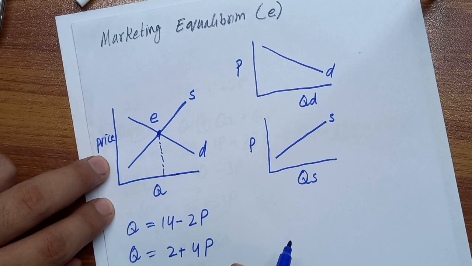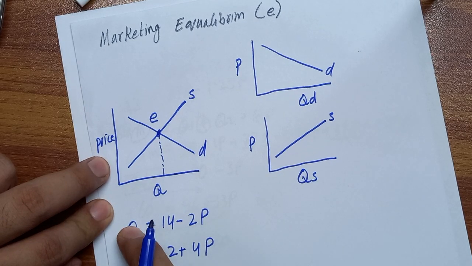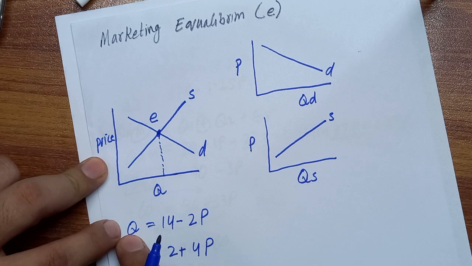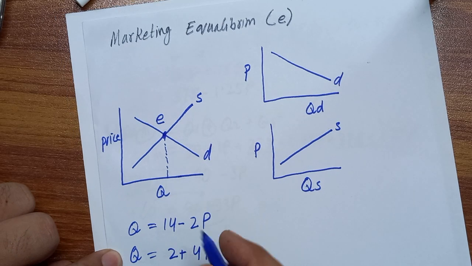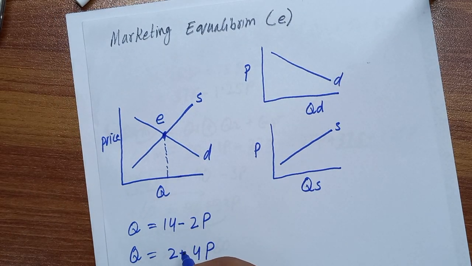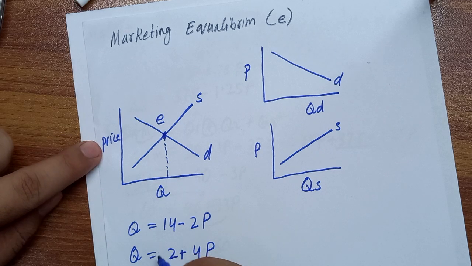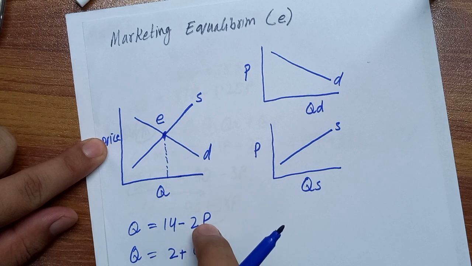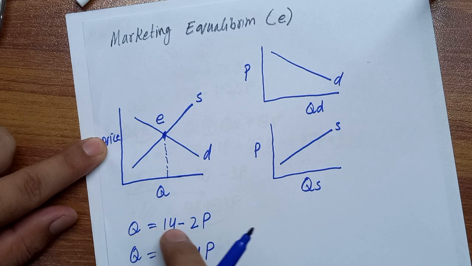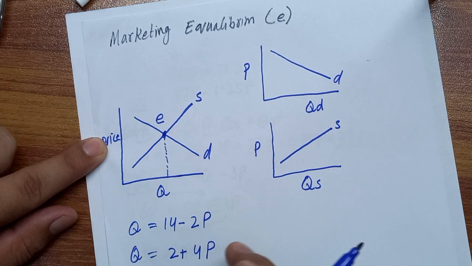Let's say in the exam we don't have QD and QS. How do we know which one is quantity of demand and which one is quantity of supply? From these minus and plus symbols we can identify them. When the price is increased, quantity of demand decreases, as it has a negative relation with price.